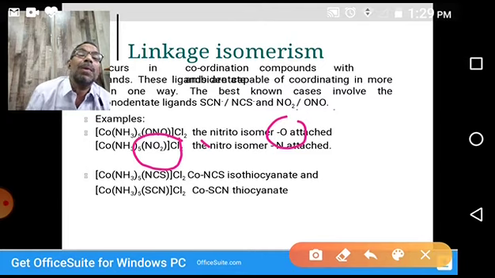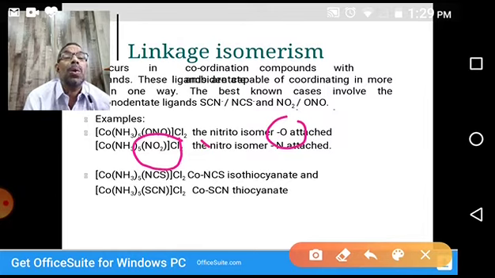So a cobalt-nitrogen bond is there in the second molecule, whereas in the first molecule a cobalt-oxygen bond is there. That's why one is nitrito and the other is nitro. There is a difference in ligands. That's why the linkage is changing. The ligand has the same formula, but the linking atom is different. That's why it is called linkage isomerism.